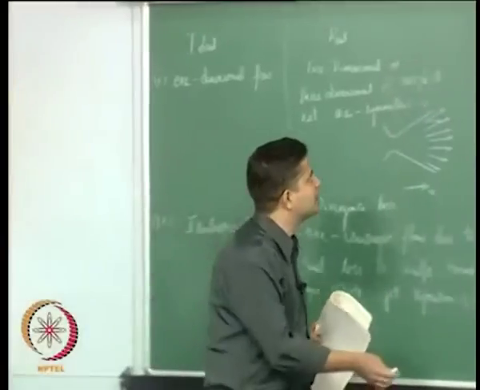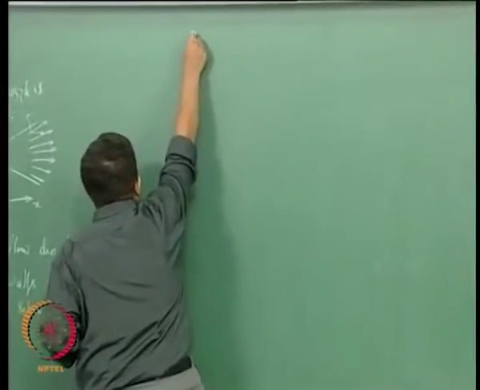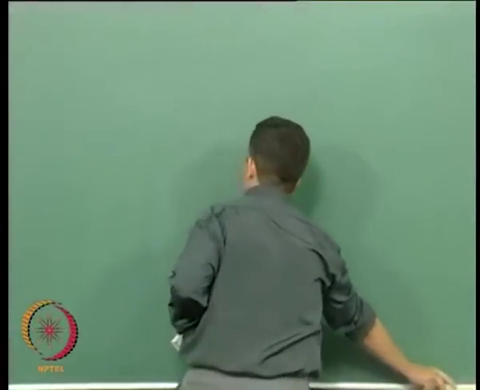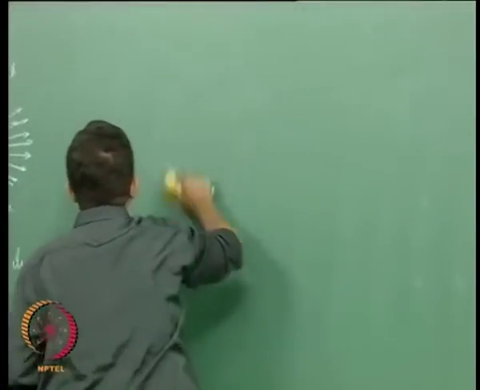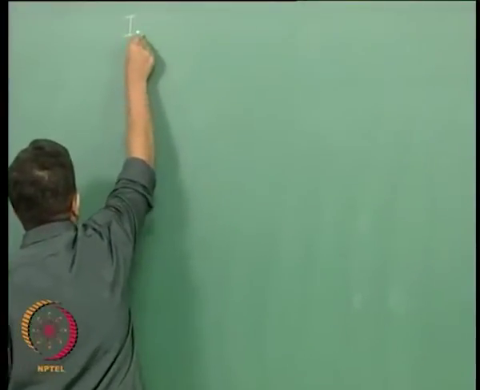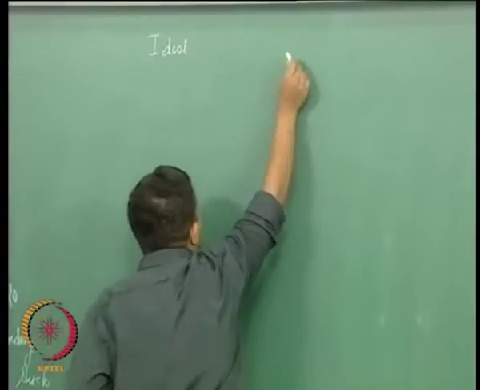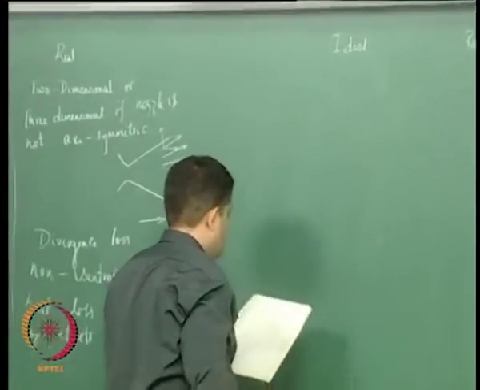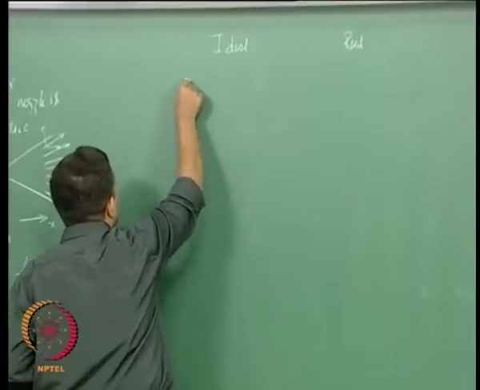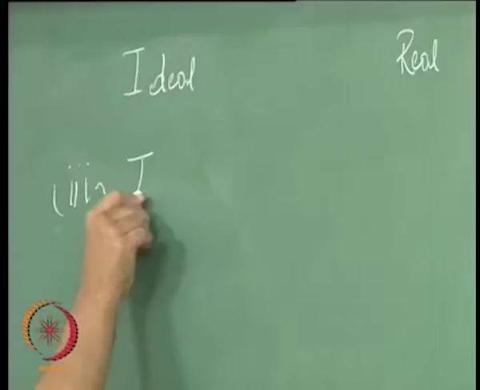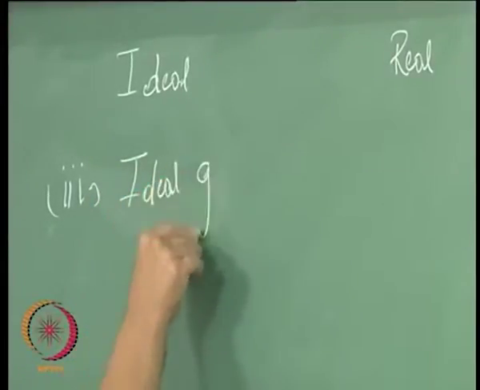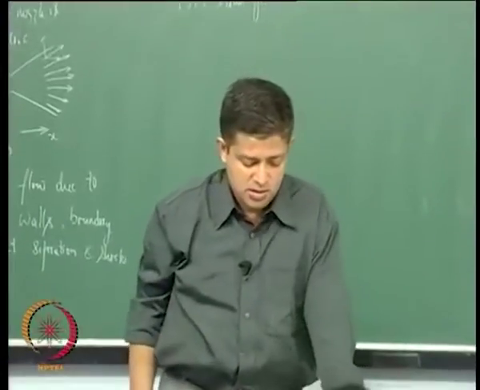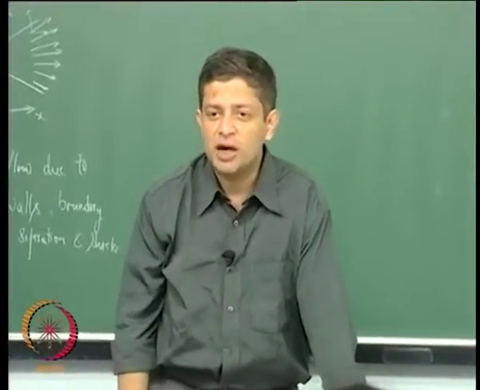Now, let us look at the other assumptions that we had made. We had made this assumption saying it is an ideal gas, a gas that will follow PV is equal to RT.